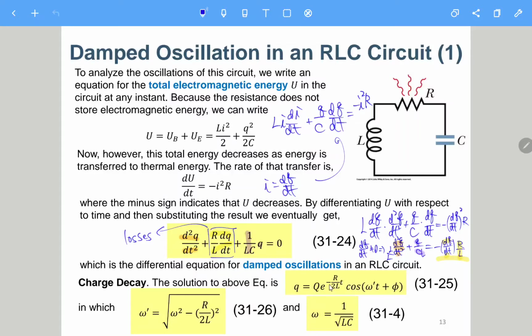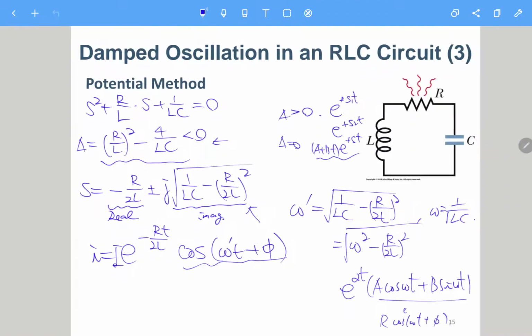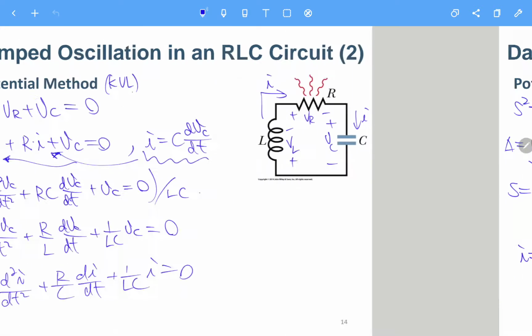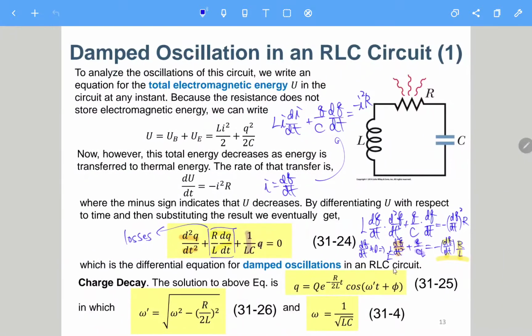So we also get exponential to negative Rt over 2L, and then cosine of omega prime t plus phi, with this expression: omega squared minus (R over 2L) squared, and then take the square root as omega prime.